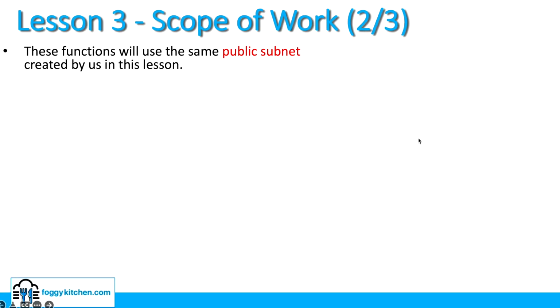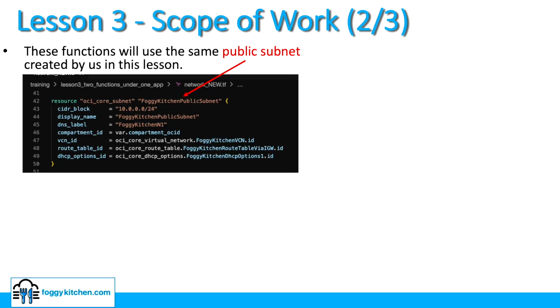These functions will use the same public subnet created by us in the body of this lesson. As you can see below, here is a snippet of the code explaining how to code the public subnet for the usage of the functions.